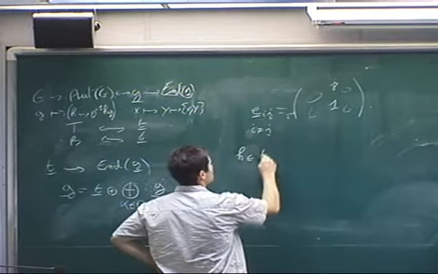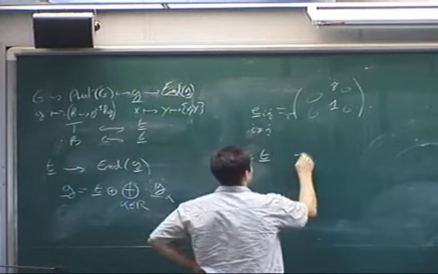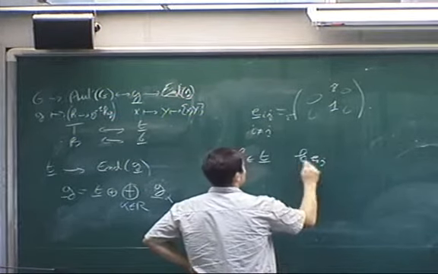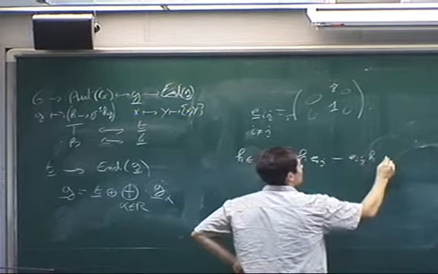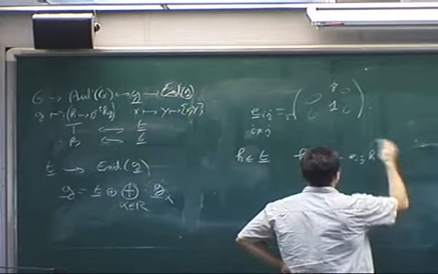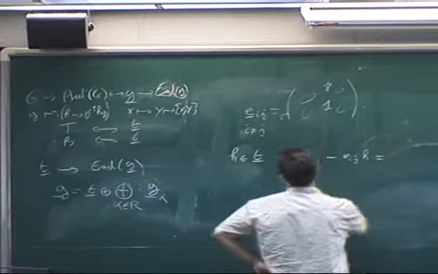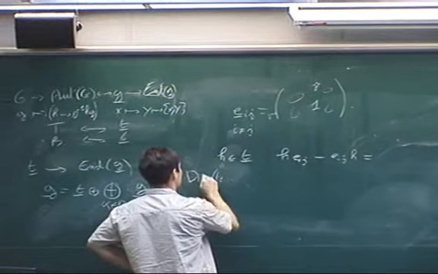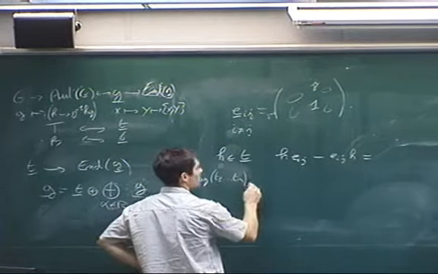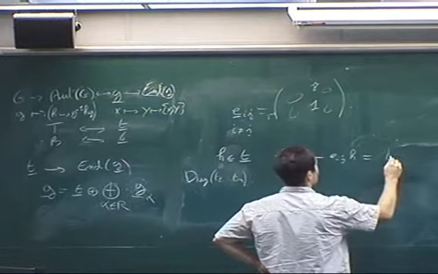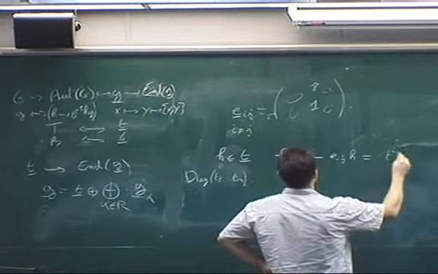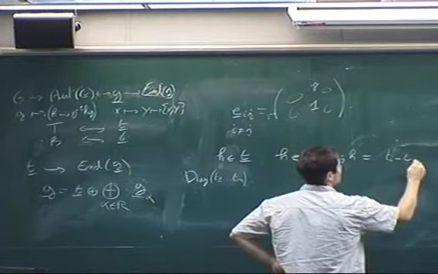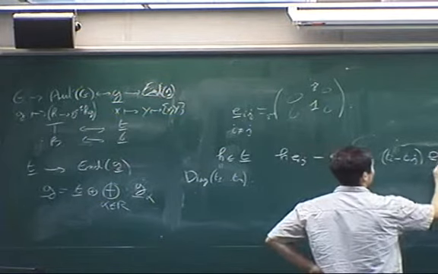If I take H in T, I look at H E_ij minus E_ij H. You can compute that, noting H equals the diagonal matrix of t1 to tn, it will be (t_i minus t_j) E_ij.